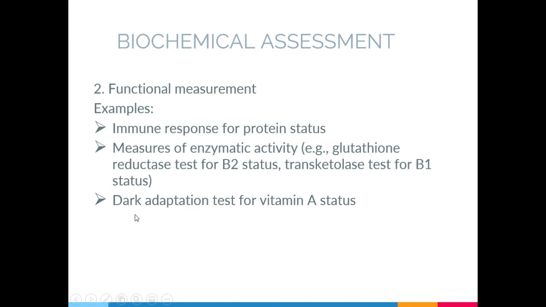Okay? So, we also have dark adaptation test for vitamin A status. Mao ni siya ang gi-employ sa ophthalmologist sa katong case study nato sa chapter 1. Ang ophthalmologist nag-conduct og dark adaptation test para ma-assess ang vitamin A status sa patient. And it was found out nga deficient siya sa vitamin A kay she failed the dark adaptation test.